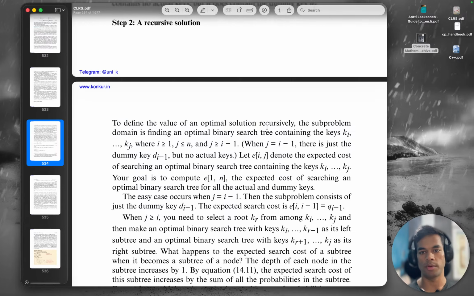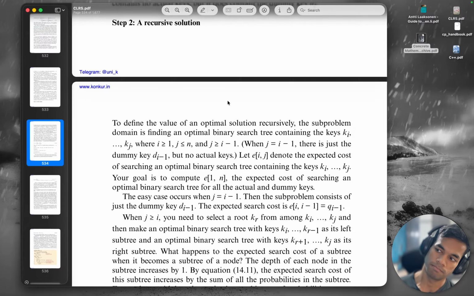To define the value of an optimal solution recursively, the subproblem domain is finding an optimal binary search tree containing keys ki till kj, where i is greater than or equal to 1 and j is less than or equal to n, 1 indexed, and j is greater than or equal to i minus 1, which simply means their difference is at least 1.